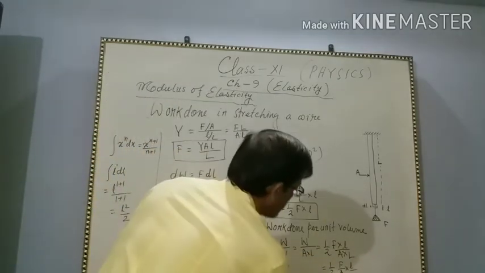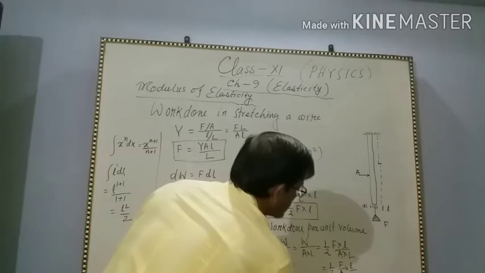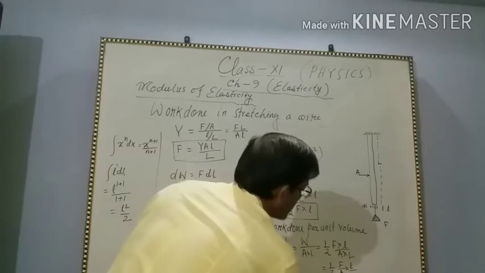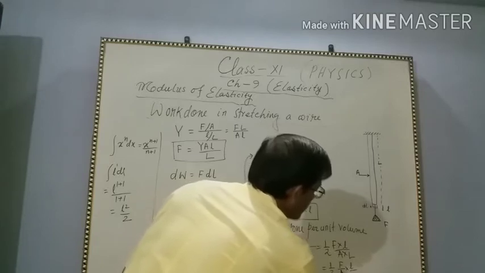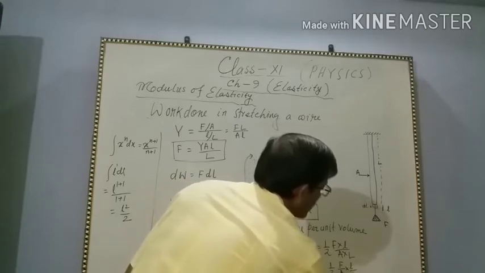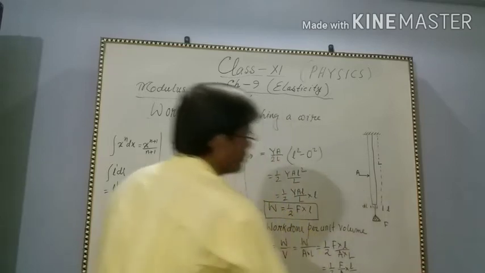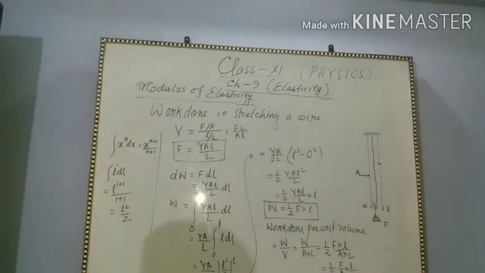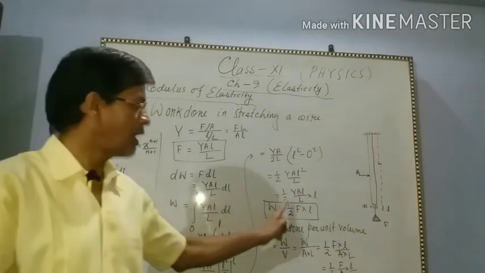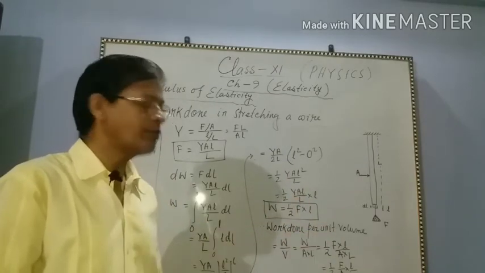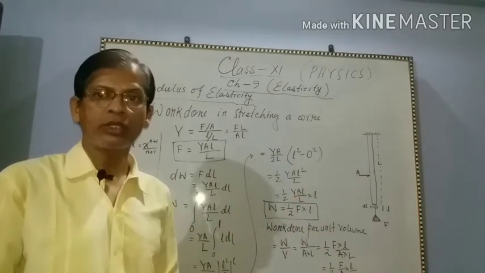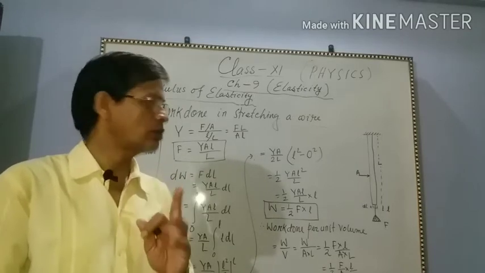So it equals half into stress into strain. This is the work done per unit volume. Work done is half into load into extension, and work done per unit volume is half into stress into strain.